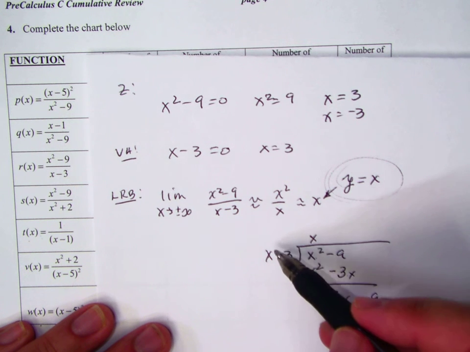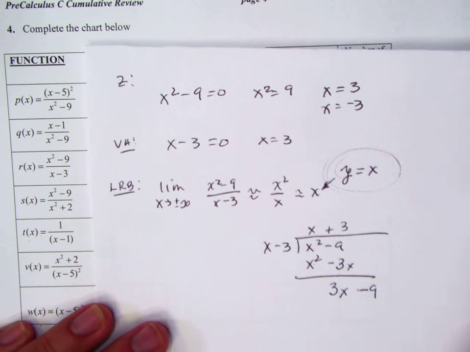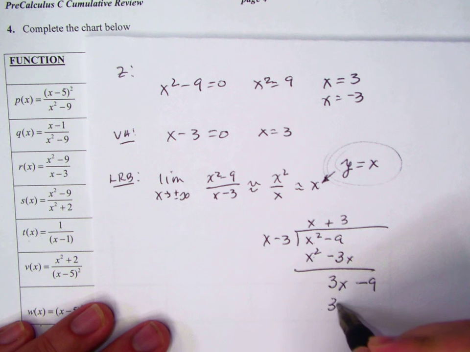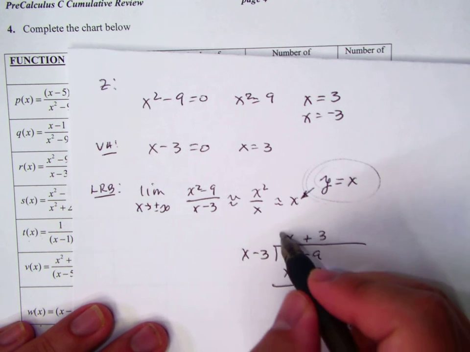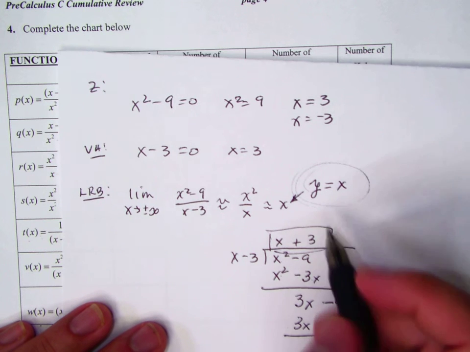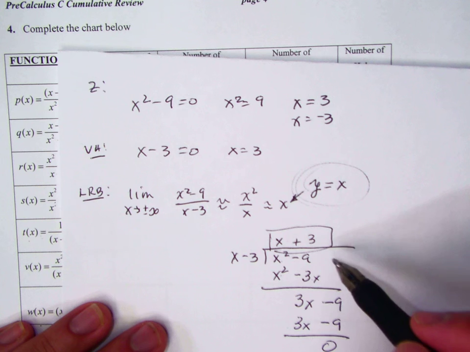Then how many times does x go into 3x? That's positive 3. So 3 times x is 3x. 3 times minus 3 is minus 9. And we've got 0 as a remainder. Our quotient, when you divide x squared minus 9 by x minus 3, is x plus 3.